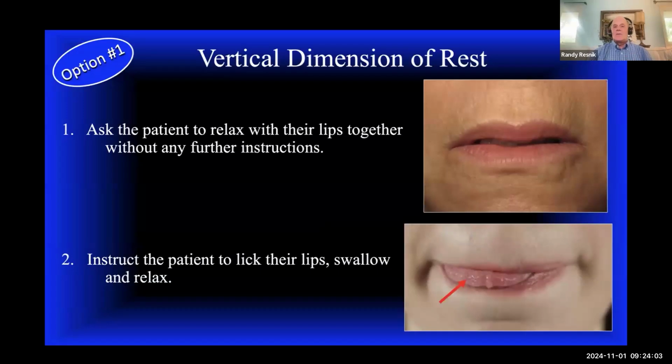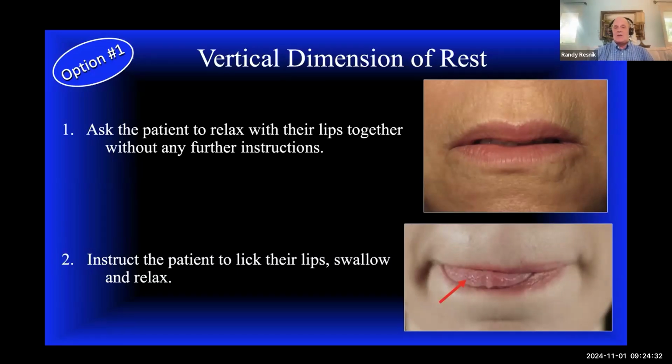So how do we determine the VDR? Well, this is the difficult one because the VDR is muscle related. So what we have to do is determine where this patient is at rest and evaluate that vertical dimension at rest. There are techniques where you have the patient just relax and bring their lips together and basically see if the elevator muscles of the mandible can just relax.